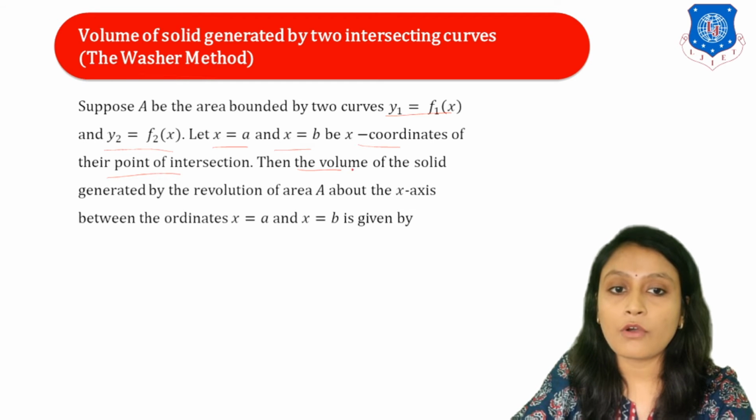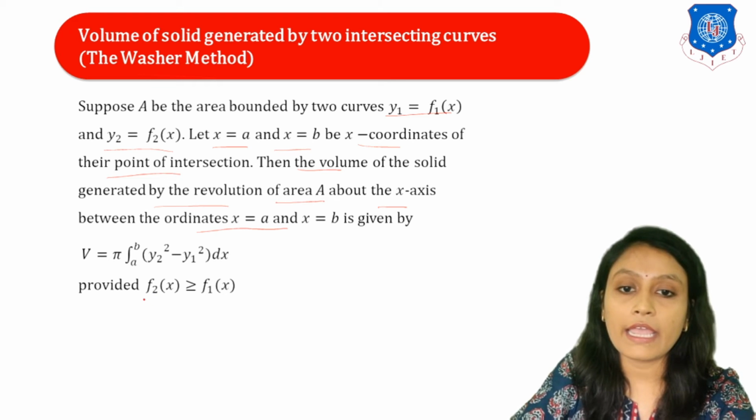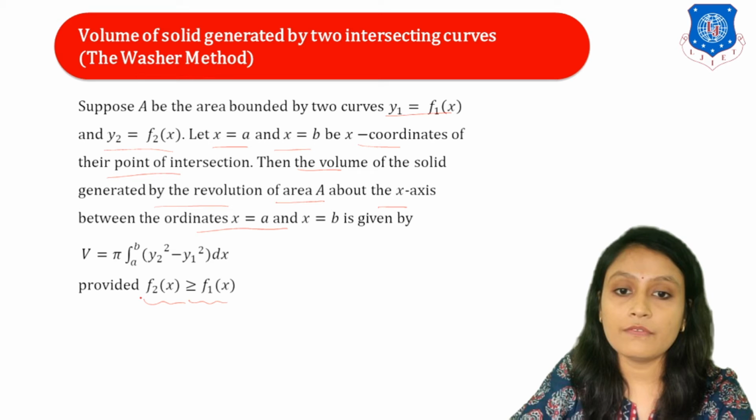Then the volume of a solid generated by revolution of area A about the x-axis between the coordinates x equals a and x equals b is given by V equals pi integration a to b y2 square minus y1 square dx, provided f2 of x is greater than or equal to f1 of x. Whenever we have this condition, we will use this formula to find the volume.